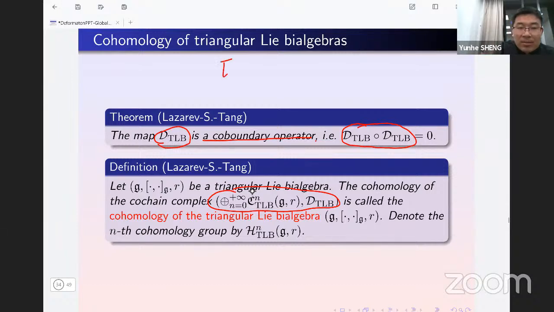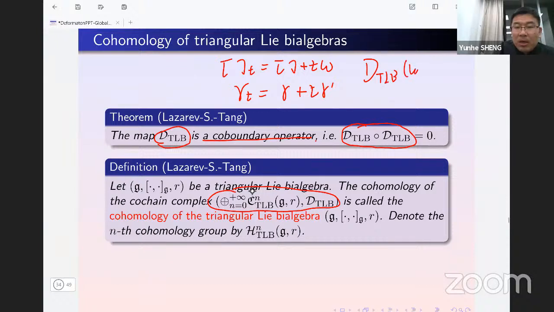So for example, we can deform the Lie bracket by this formula plus T omega, and we can deform this triangular R-matrix by this formula, maybe T R prime. So we can show that then DTLB of (omega, R prime) is 0. So infinitesimal deformations of a triangular Lie bialgebra will be classified by the second cohomology group.